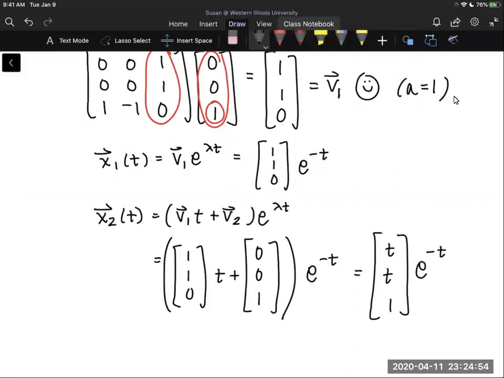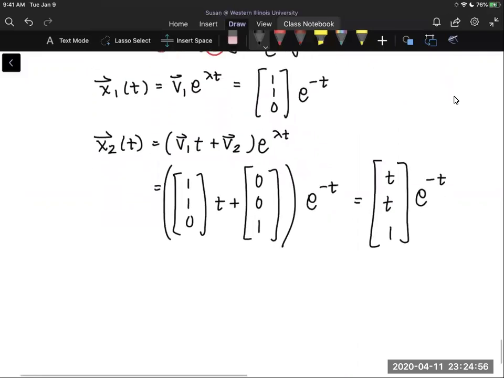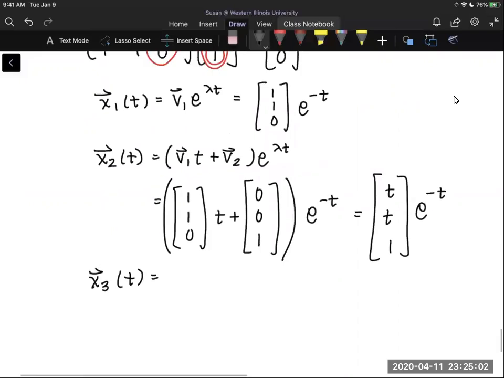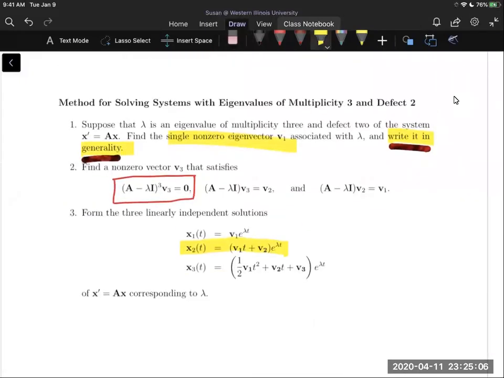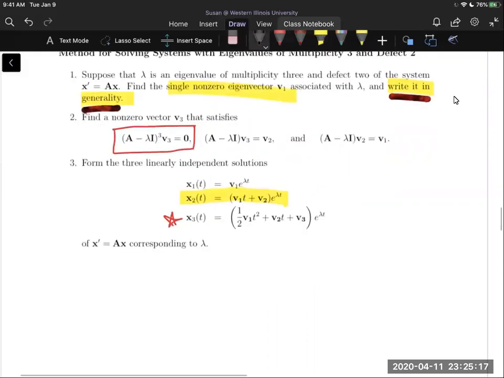All right, and so now we're off to our last linearly independent function. Let's scroll way back up here one last time. And now we're looking at this one, 1/2 v1 t squared, and then going down, v2 t plus v3, all times that common exponential.